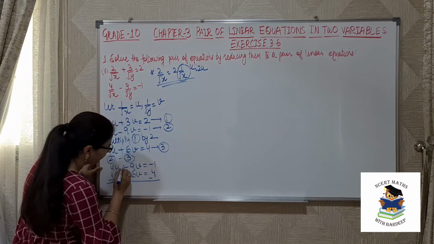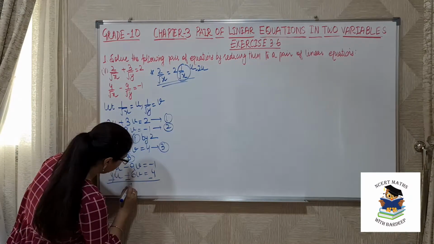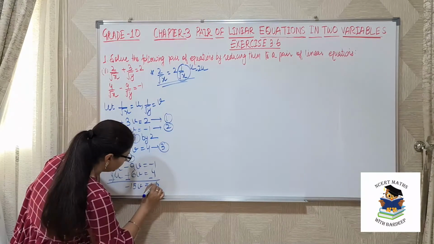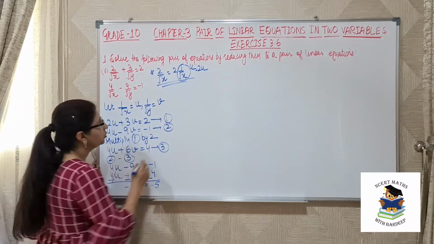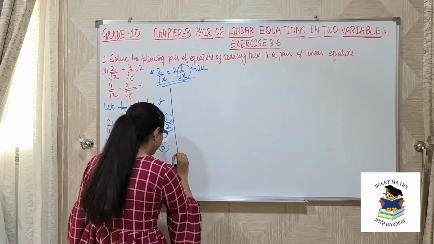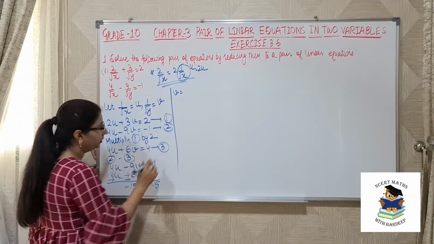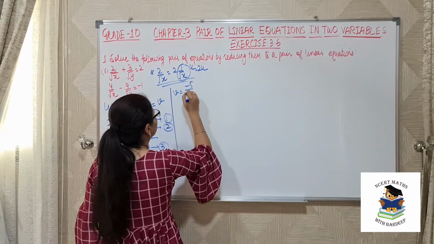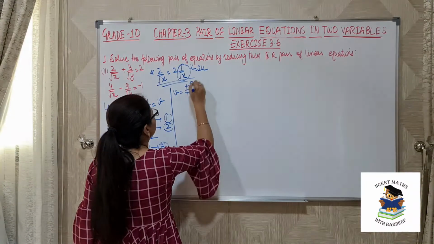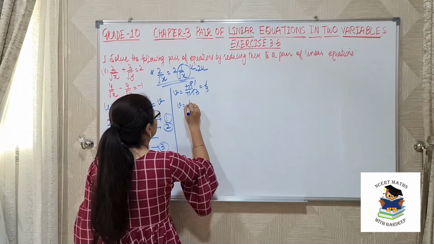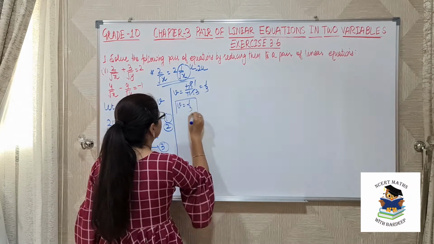Minus 9 minus 6 is minus 15v. And minus 1 minus 4 is minus 5. So what is the value of v then? This is minus 5 over minus 15. So after simplification we get v as 1 by 3.